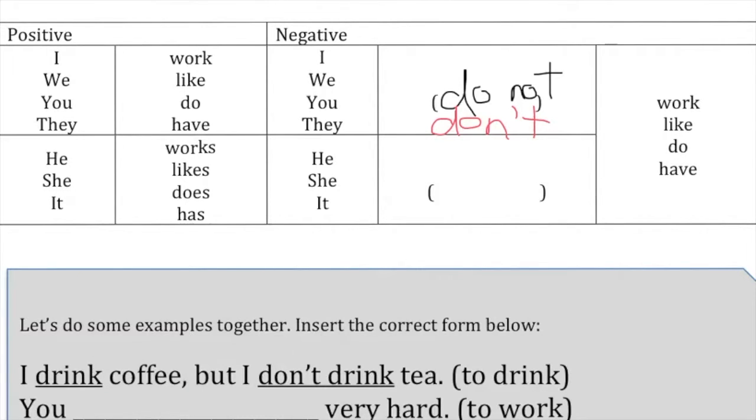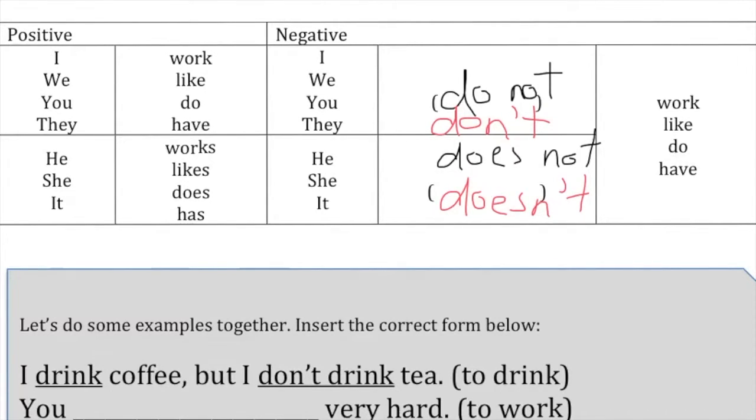For he, she, it: works, likes, does, has. In the negative, it becomes he does not. Or in the short form, as you've seen before, doesn't.